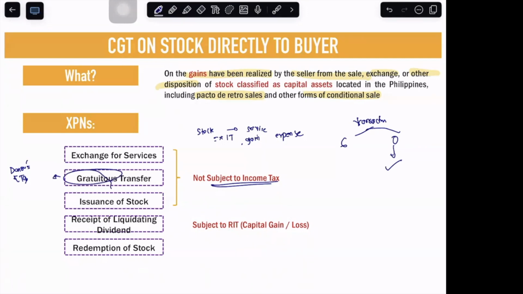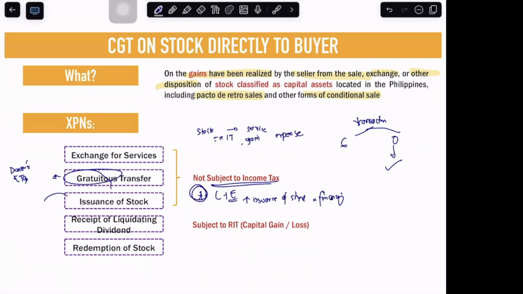Next, on the issuance of stock. So for example, you issue stock to get financing. If you still remember, asset is equal to liabilities plus equity. What increases your asset is any issuance of share. So if the issuance of share is through a financing mode, it is not considered an income, but merely financing.